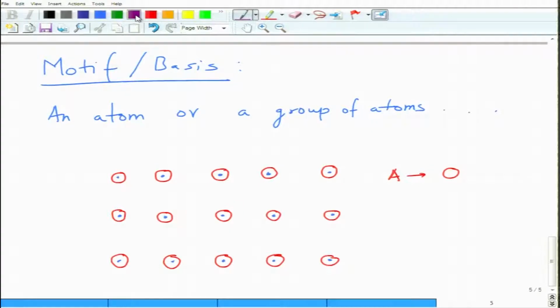So, for example, if it was a molecule like this, this is a B atom, the smaller one, which is attached to A. So in this case, this whole thing is a molecule, it is not an atom.